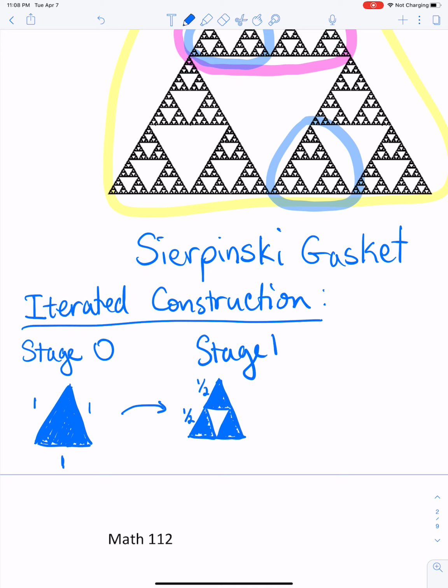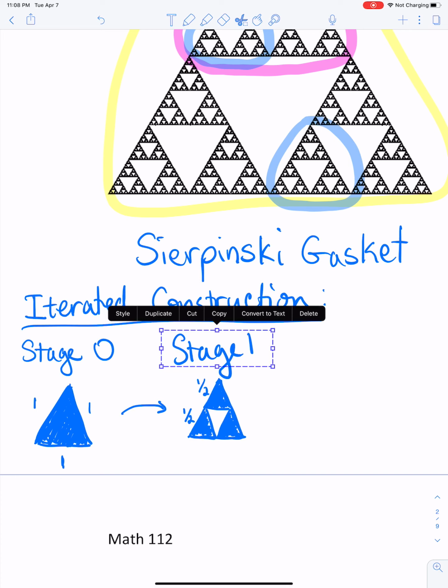Both of those give you the same thing. Let me move that over a little bit. Now you can see what's going to happen at stage 2.